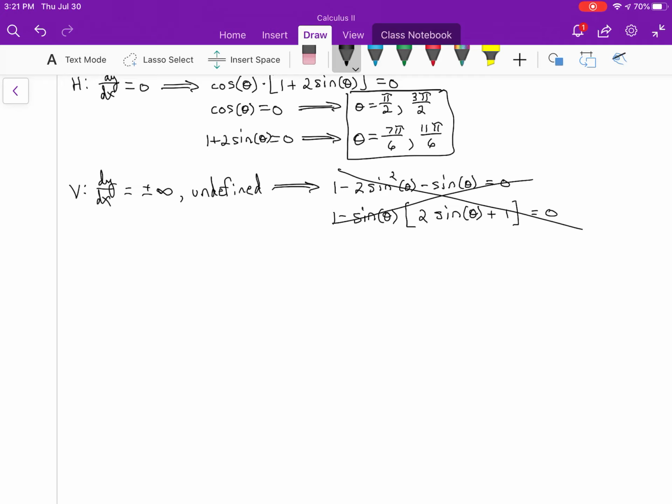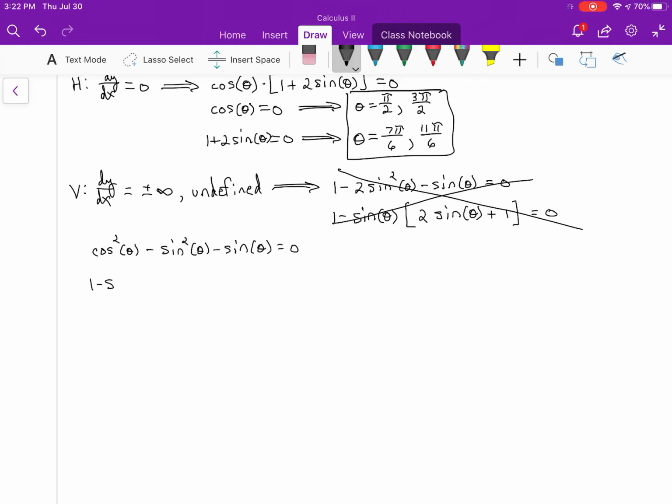So we haven't done anything wrong with this, but I think it's going to be easier to manipulate a little differently. And so cosine squared theta minus sine squared of theta minus sine of theta. We want to know when is this going to be 0.